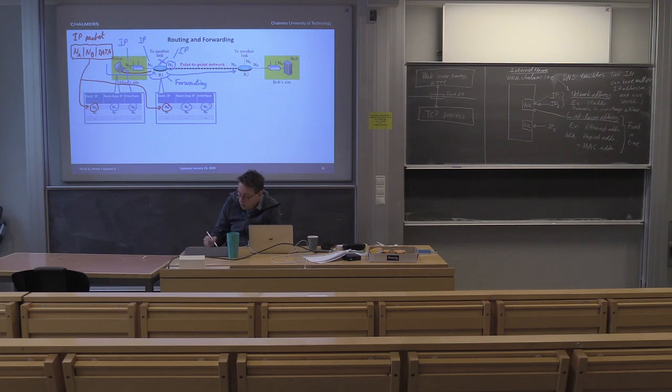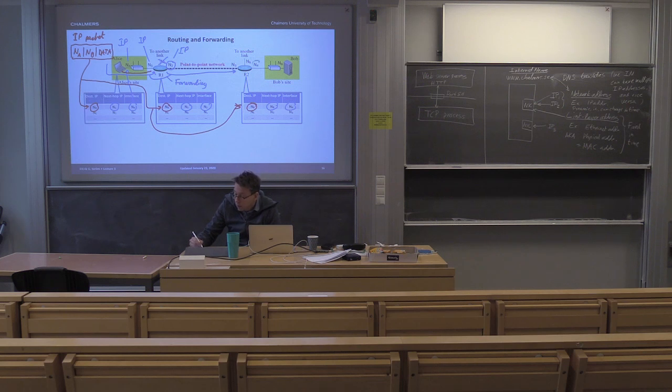Okay, the IP packet has now reached router number 2. Router number 2 also has an IP routing table, and it looks at the packet. It still has destination address NB, and therefore it figures out, okay, the next hop should be NB, actually the destination, and this is reachable by the local interface N4.